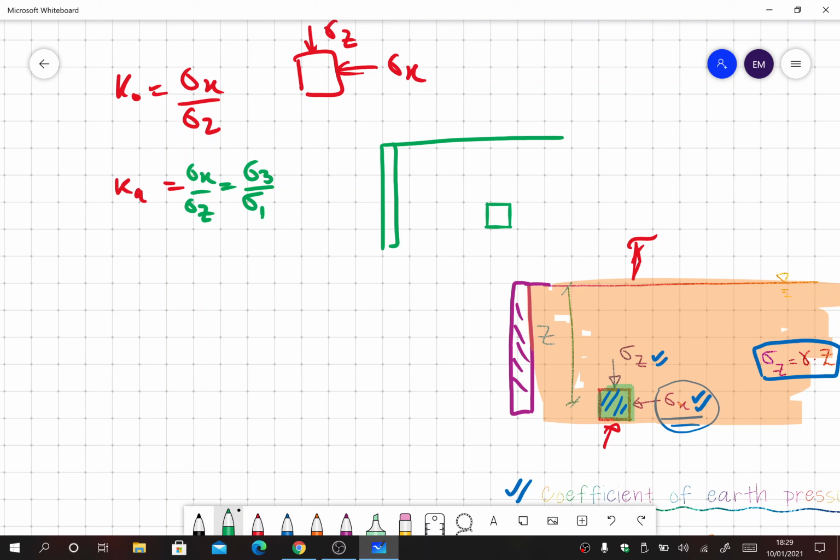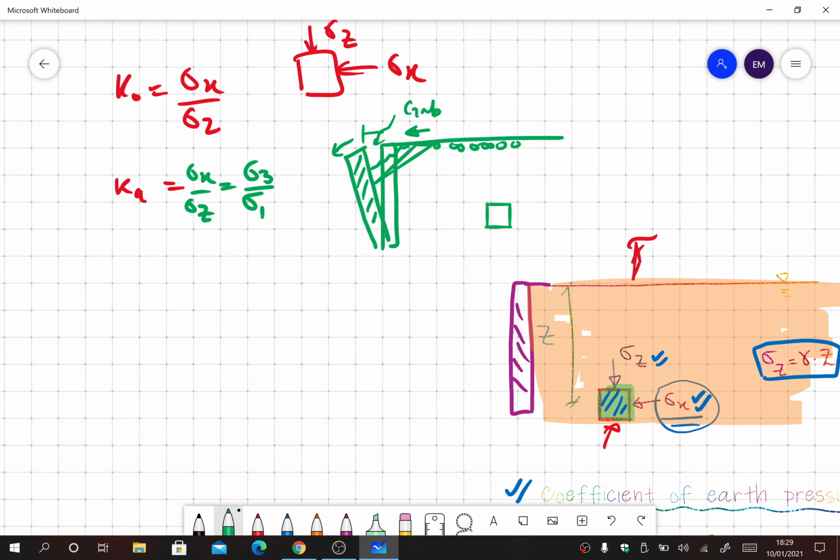Now what happened is that in the active case the wall is moving away from the soil. Once the wall moves away, there will be relief in the horizontal stress. Initially the particles were tightly packed here, but as the stress is relieved, a gap is produced, so the soil will naturally start to move down.